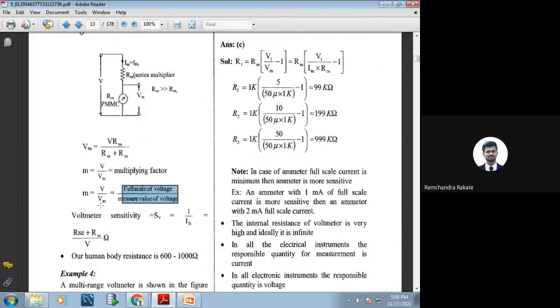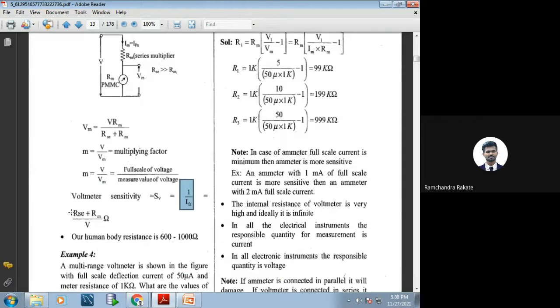Whatever the voltmeter sensitivity is, we calculate it as the inverse of the full scale current. Your full scale current is given in terms of V upon RSC plus RM, correct? One more piece of additional information is that our human body resistance is about 600 ohm to 1 kilo ohm, correct?